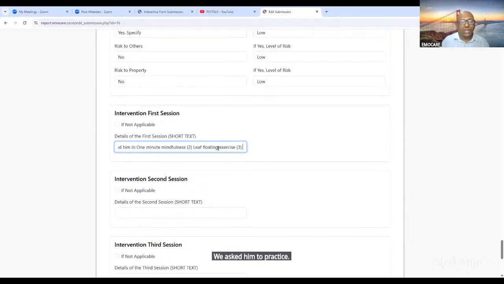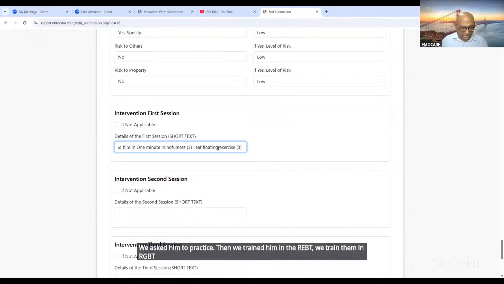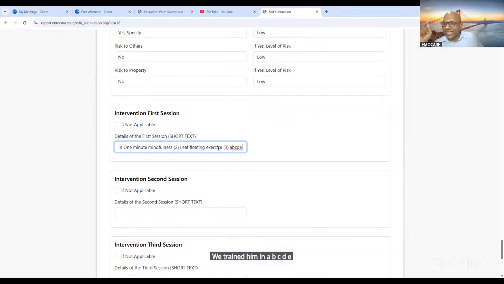Then we trained him in REBT, that is A, B, C, D, E, wherein A is activating event, B is irrational belief, C is consequence, D is disputing, and E is empowering.